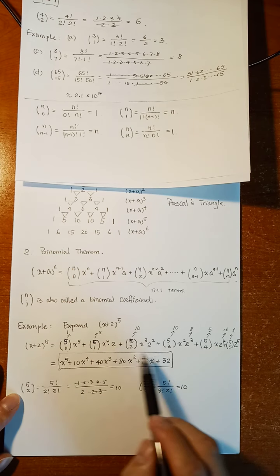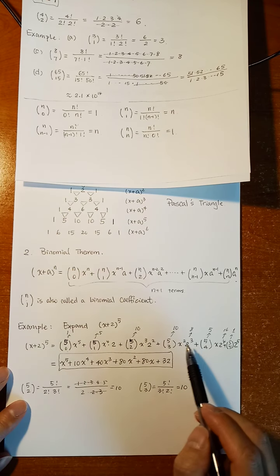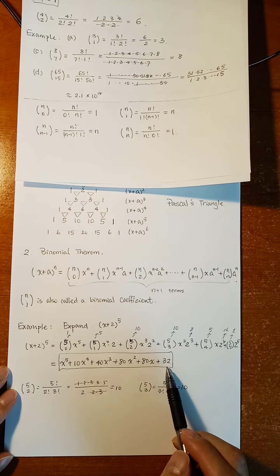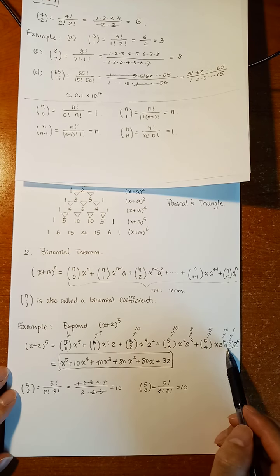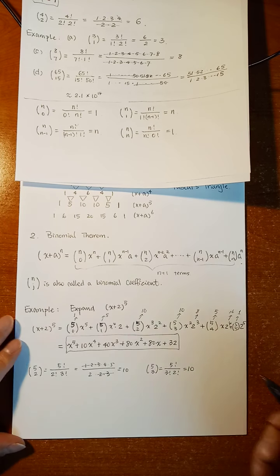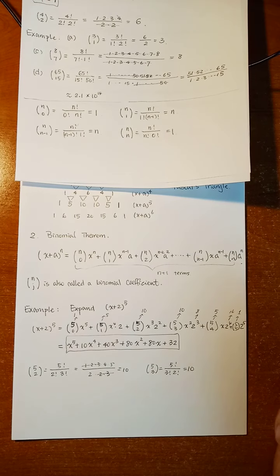Those numbers in the expansion are different because you also multiply by the powers of 2: 2 squared, 2 cubed, 2 to the 4th, 2 to the 5th. You have to do this expansion carefully because it's really easy to make mistakes.